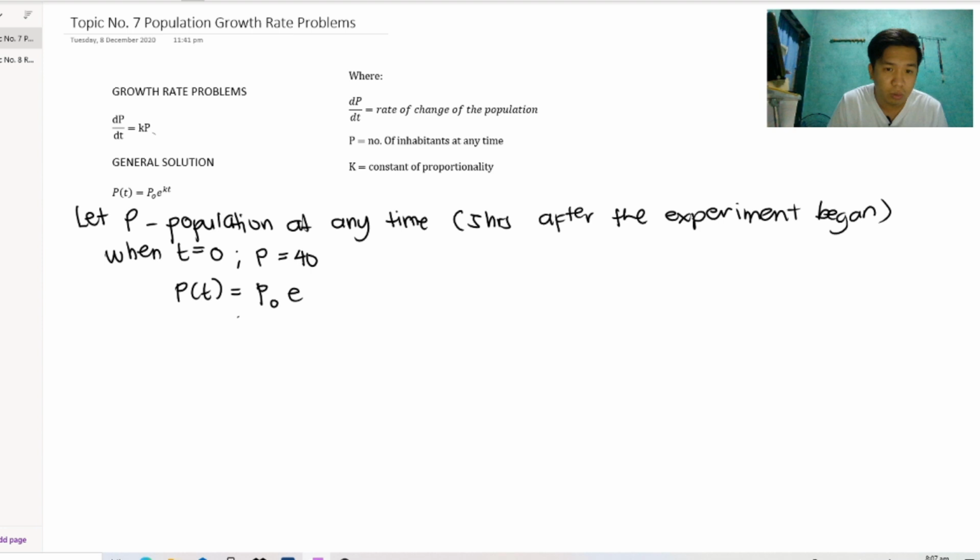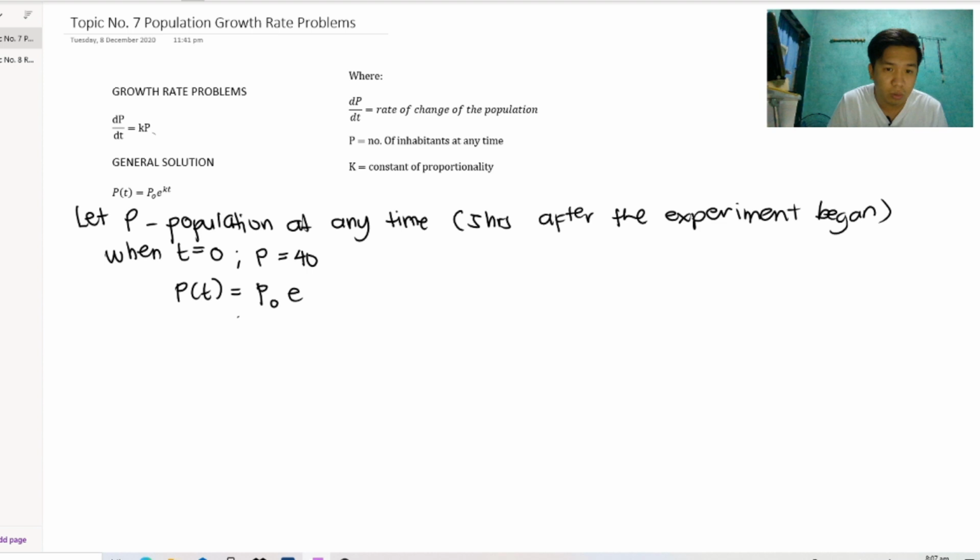When t equals 2, the problem says 2 hours later the number of colonies has grown to 200. From this equation, we can get the value of k. Our P for this one is 200.